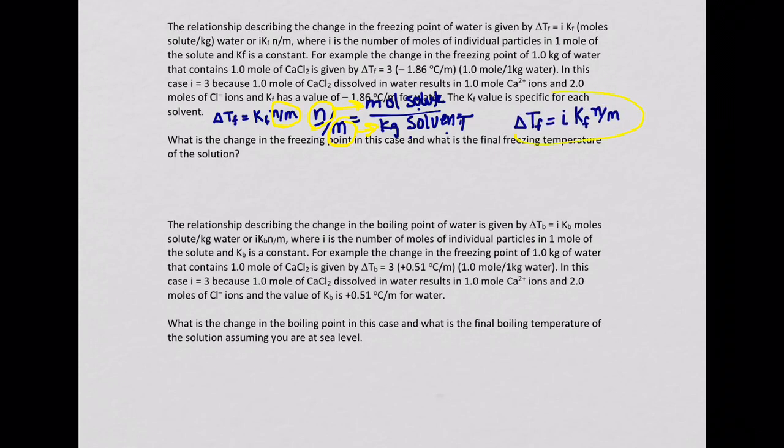The reason I like this is the moles of the solute can be confusing, because you can say that you have 1 mole of calcium chloride, but 1 mole of calcium chloride in solution gives you 1 mole of calcium cations, but 2 moles of chloride anions.